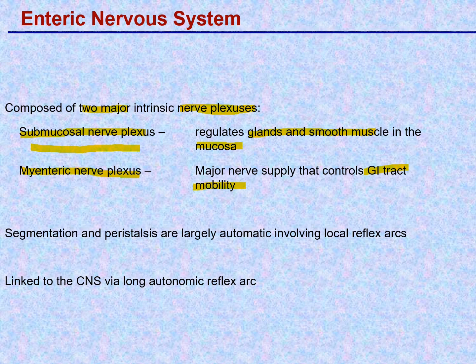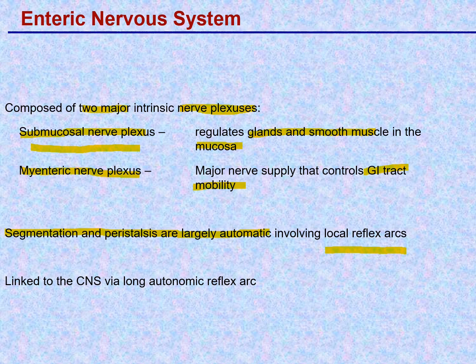Segmentation and peristalsis are largely automatic actions caused simply by very local reflex arcs. They don't involve any signals sent out to the central nervous system. They can act on their own. Simply the presence of food stretches the area, and that triggers peristalsis and segmentation.